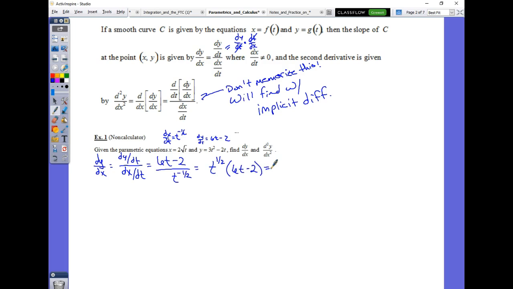I'm even going to take it one step further because right now this was bad because I was using a quotient rule. That's like a mortal sin in this class. We don't want to have to do quotient rule if we don't have to, right? So we said, let's turn it into this, and we've stepped up. Now we went from quotient rule to product rule, but do I have to do product rule here? No, because I can take this t to the 1/2 and distribute it and call this 6t to the 3/2 minus t to the 1/2 and make my life a whole lot easier on the next step.